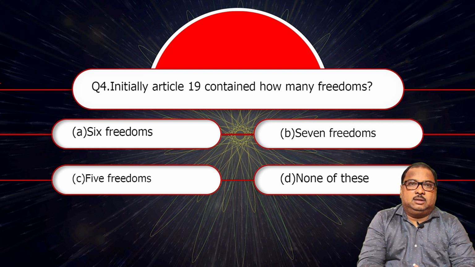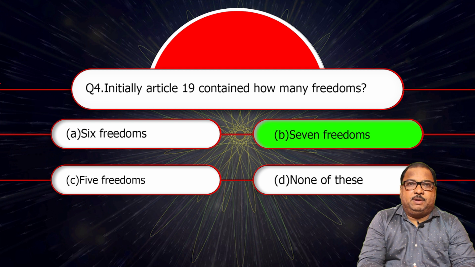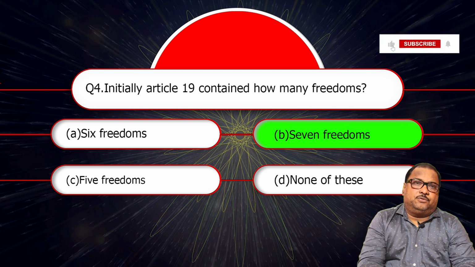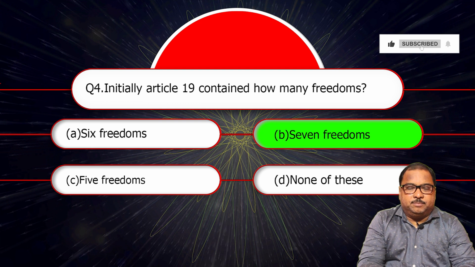And the correct answer is option B, 7 freedoms. Initially, at the time of enactment of the Constitution, there were 7 freedoms under Article 19. Later on, one freedom, that is freedom of acquiring property in any part of the country, has been deleted from the list of freedoms under Article 19.